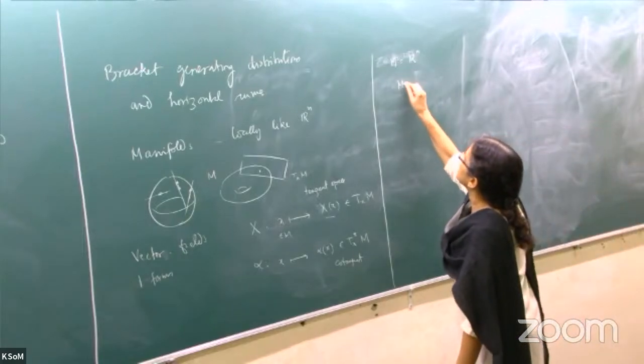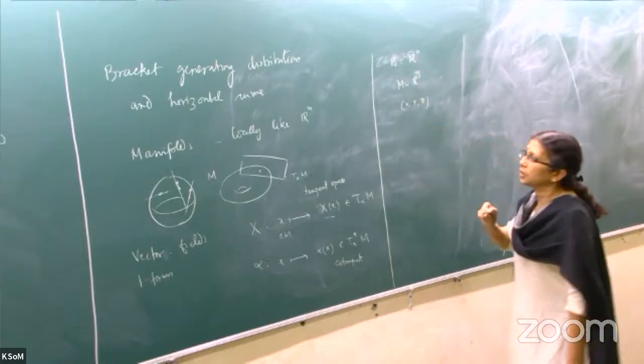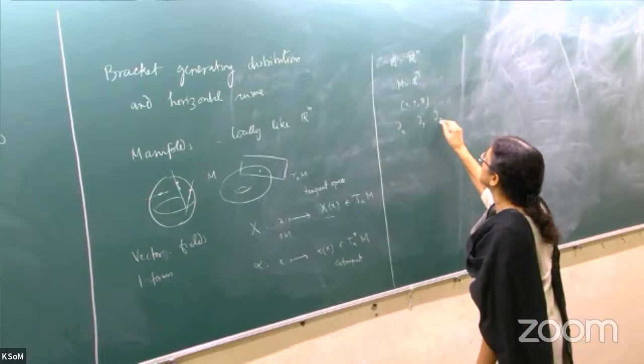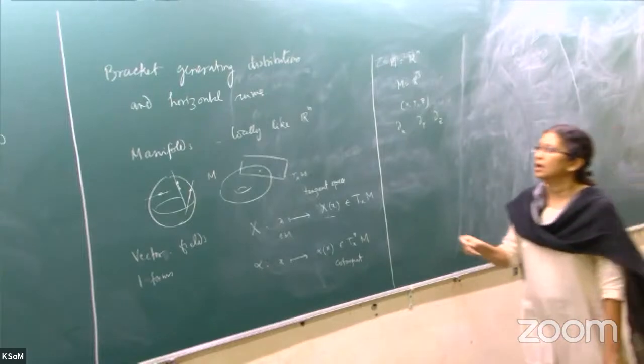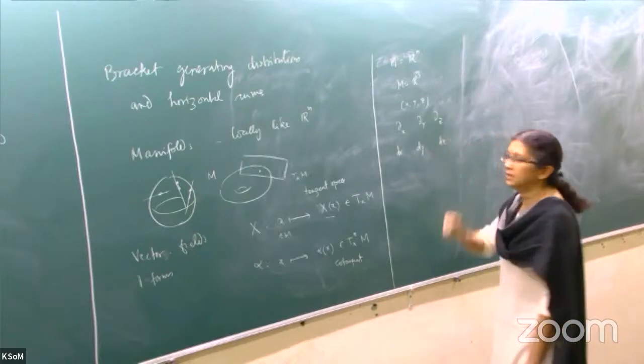Suppose n equals 3, and x, y, z are the usual coordinates. Then I denote by ∂x, ∂y, ∂z the canonical coordinate vector fields, and their dual elements are denoted by dx, dy, dz.